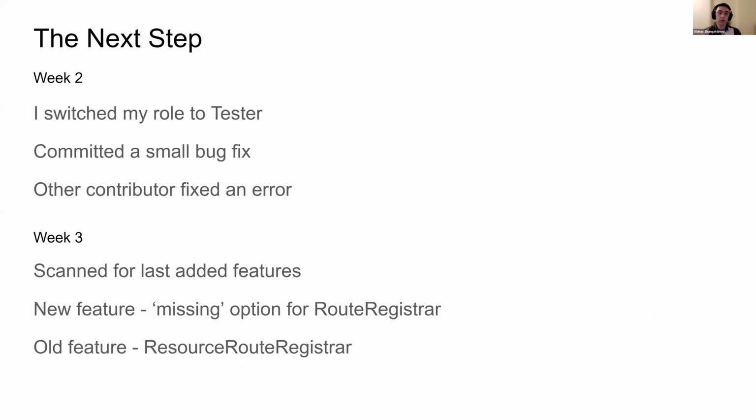So I decided to switch my role to tester and find new bugs and report them. Firstly, I wanted to find any known bugs and try to fix them, but the issues tab was almost empty because a lot of the bugs were already solved by that time.